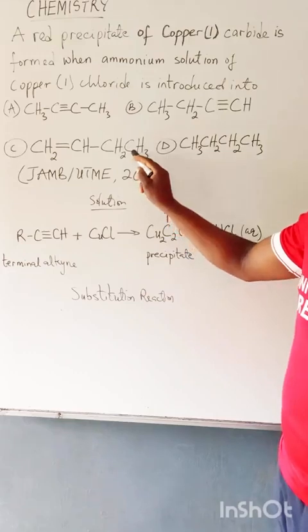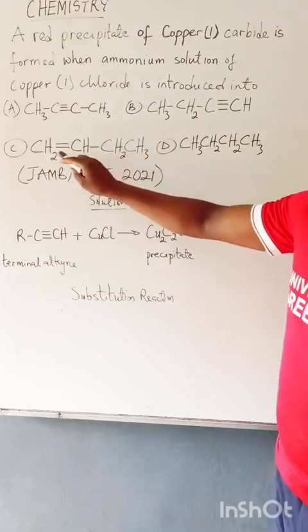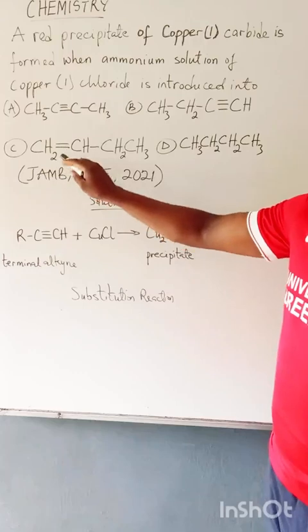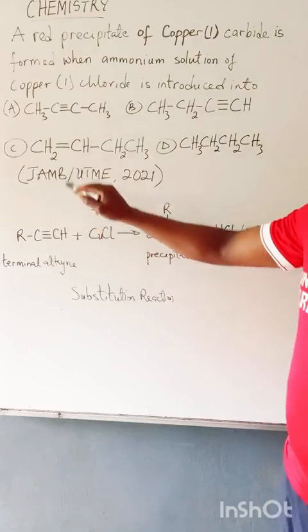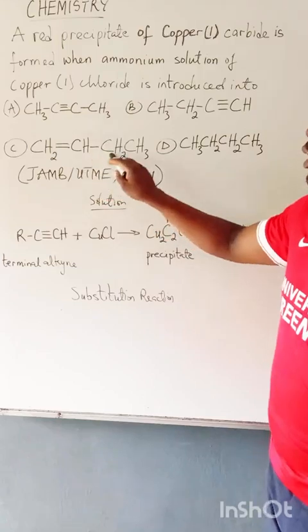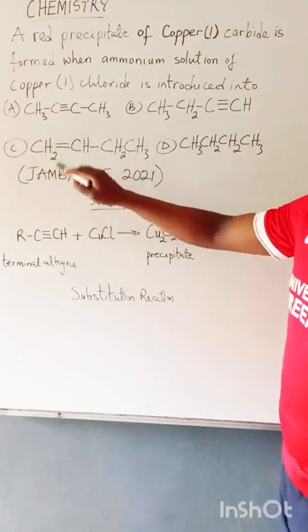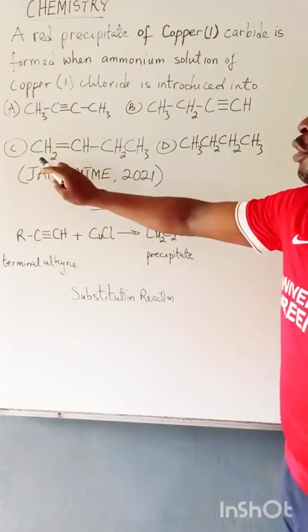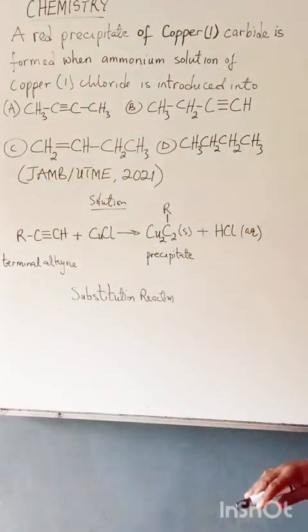If you count from here, 1, 2, 3, the double bond is at position 3. If you count from here, 1, 2, 3, 4, the first place you meet the carbon-carbon double bond is at position 1. So we take that lower position. The lowest possible position of the functional group is what we take.